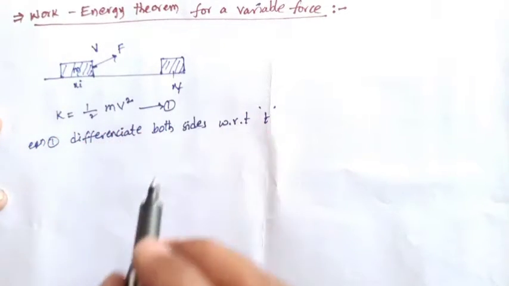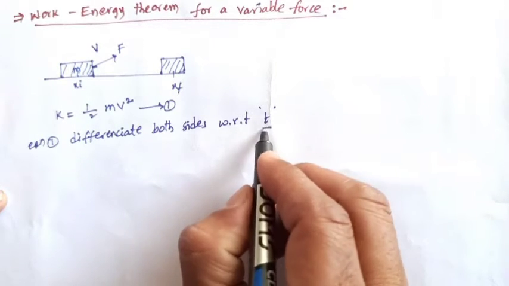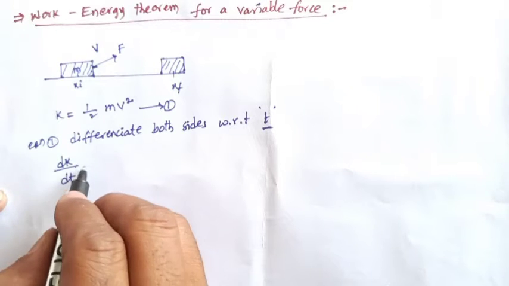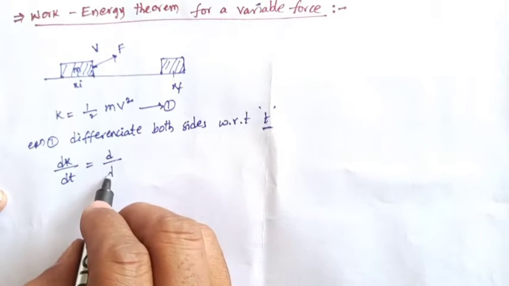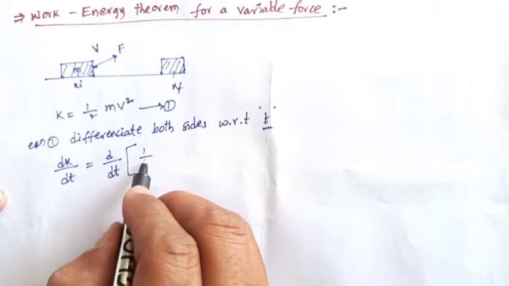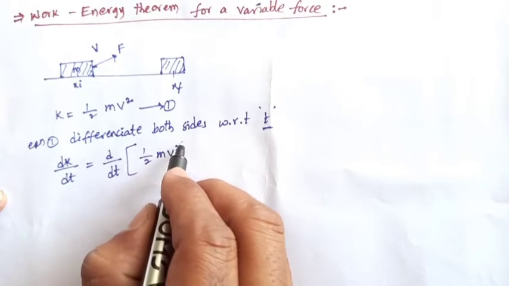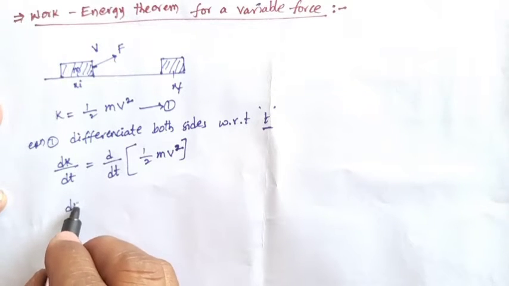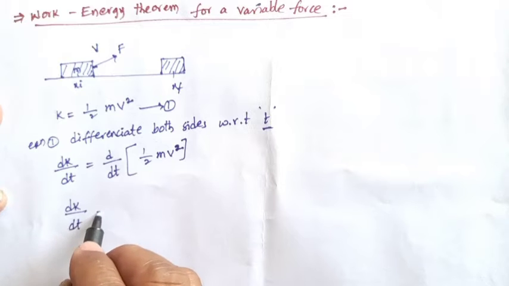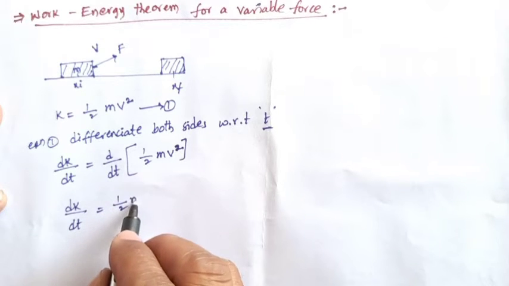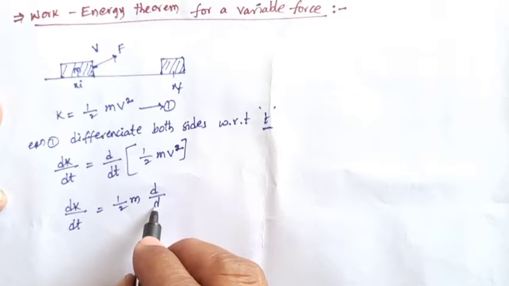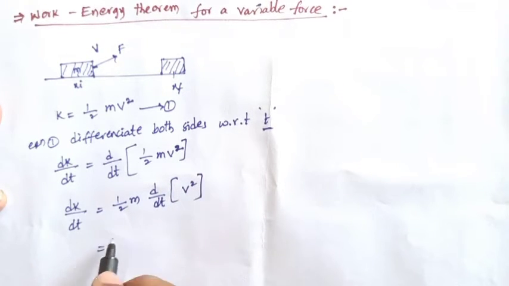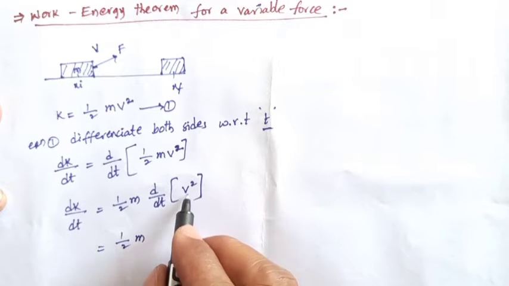So dK by dt equals d by dt of 1/2 mv square. So dK by dt equals 1/2 m, since m is constant, times d by dt of v square.